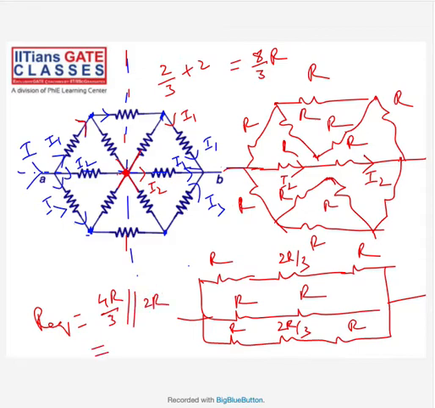You have to find this. 4 by 3 R parallel with 2R is 8 by 10, 0.8 R.